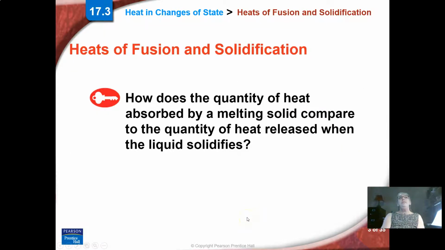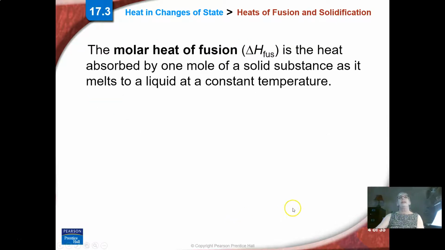So we're going to talk about heat of fusion and solidification. How does the quantity of heat absorbed by a melting solid compare to the quantity of heat released when the liquid solidifies? So we're talking about that solid-liquid phase change in this section. We use delta H fus, which means the molar heat of fusion: heat absorbed by 1 mole of a solid substance as it melts to a liquid at a constant temperature.